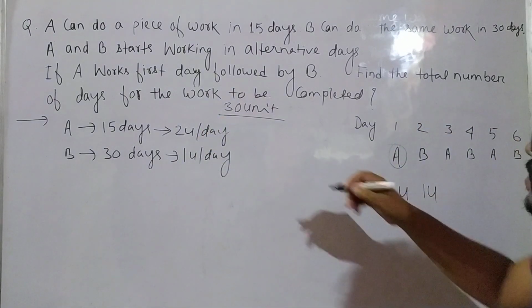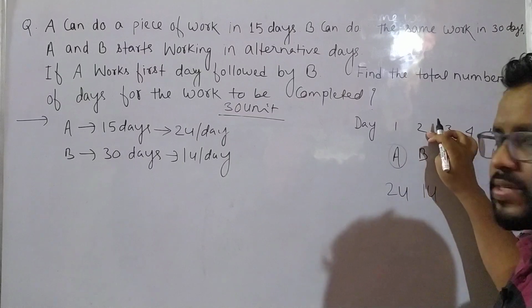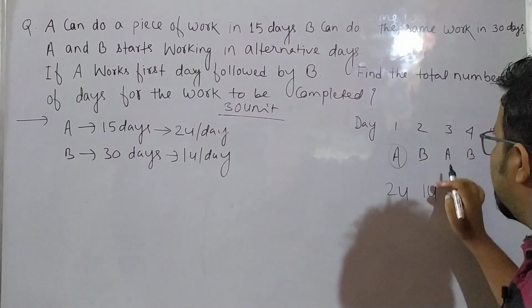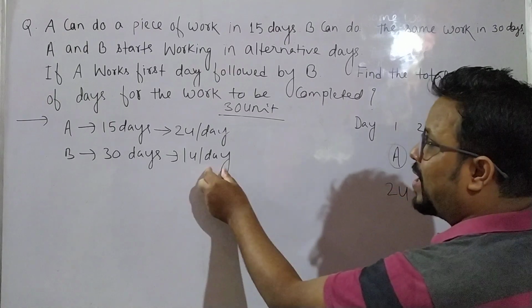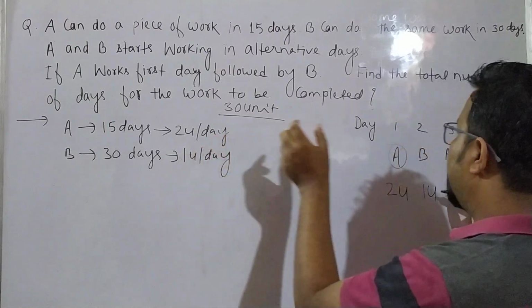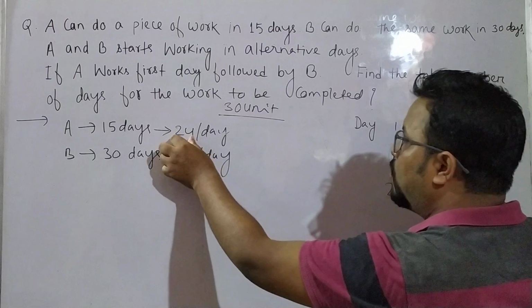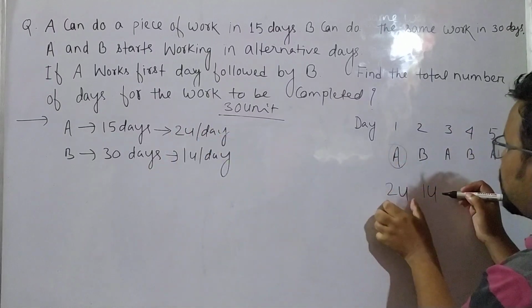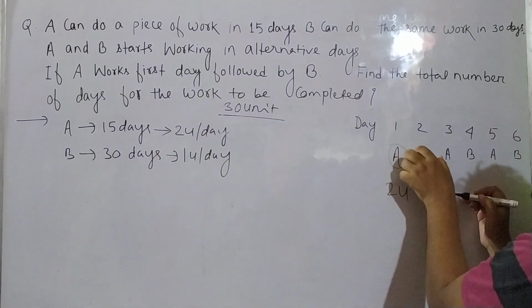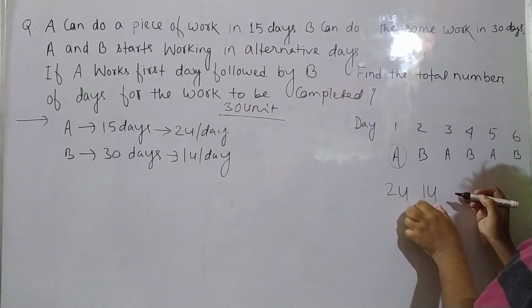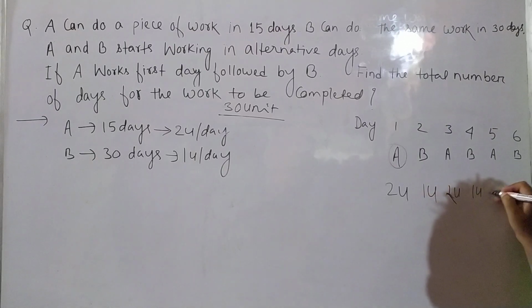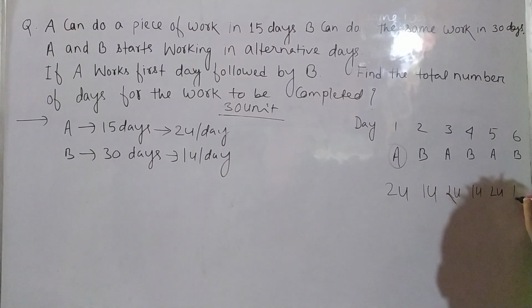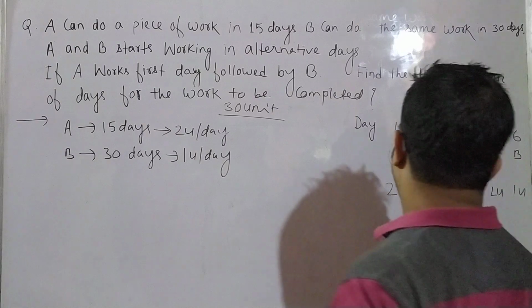B can do 1 unit in one day. In one day A can do 2 units, in one day B can do 1 unit. Next again A, 2 units. Next again B, 1 unit, and like this.